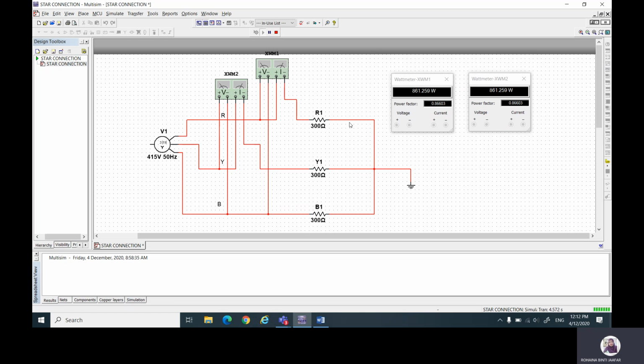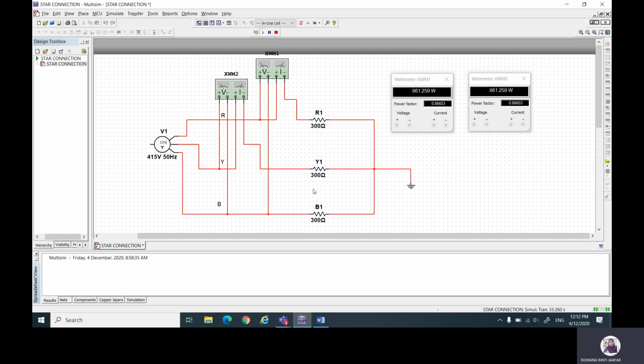Now you can see that this is the value of power for wattmeter 1 and wattmeter 2. To get the total power for three phases, you just add the value of power at wattmeter 1 plus wattmeter 2. So you will get the total power for three phases.